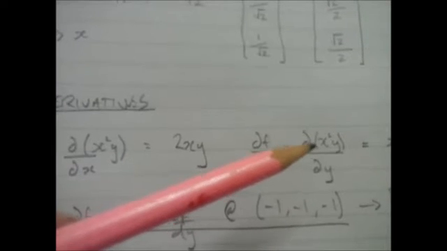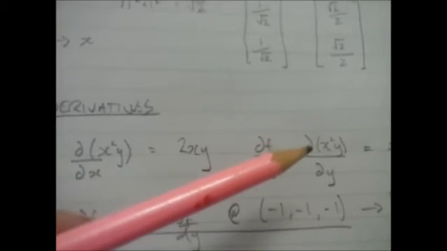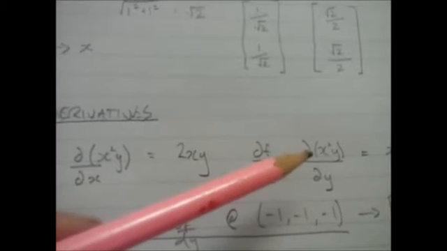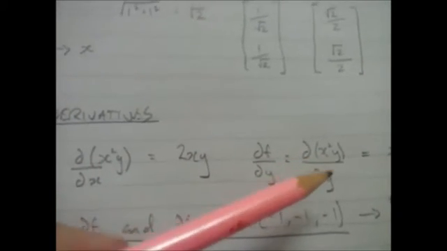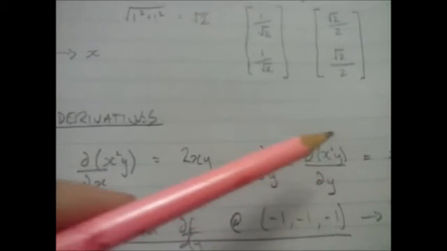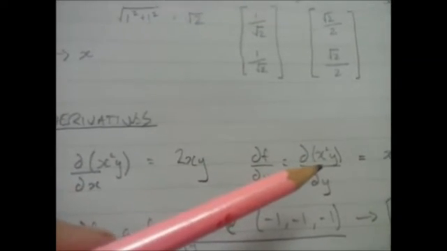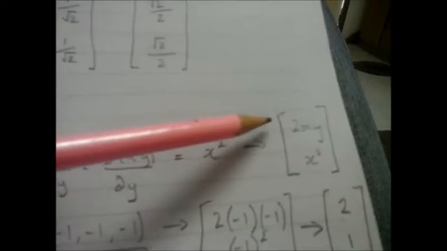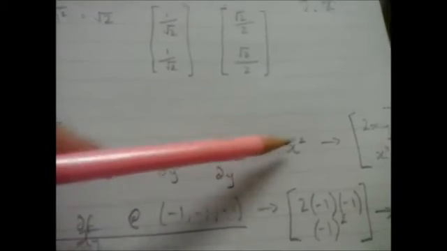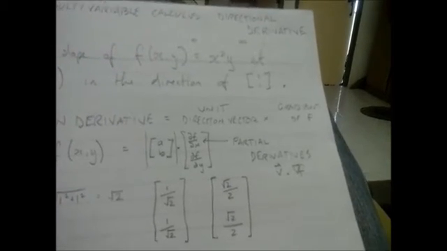This means x squared is held constant, and I think of it just as a constant. If I differentiate y with respect to y, I get 1, and my constant stays there, so it's x squared. My partial derivatives vector becomes 2xy, x squared. There's my gradient of the function.